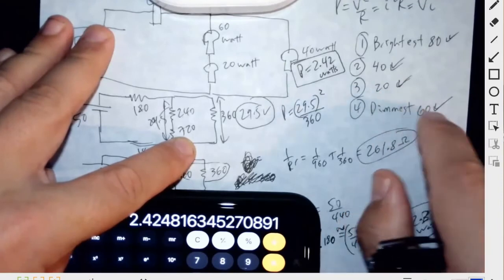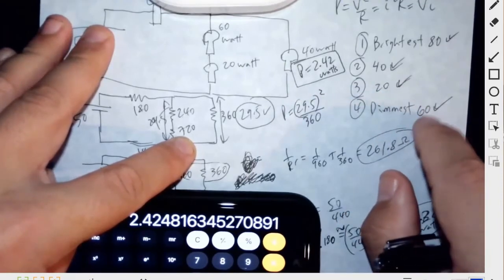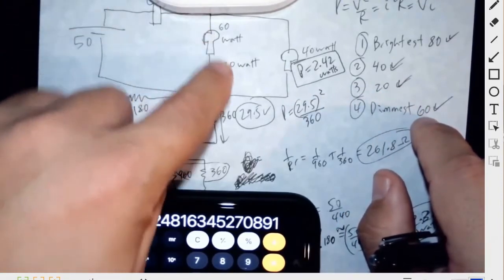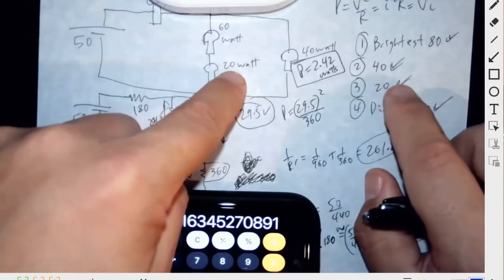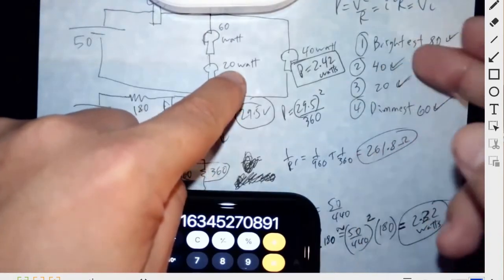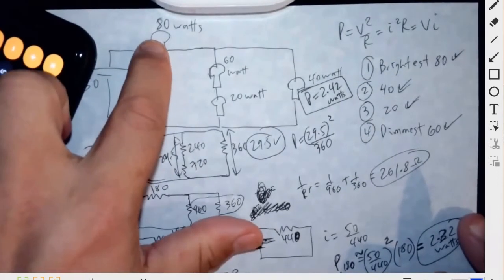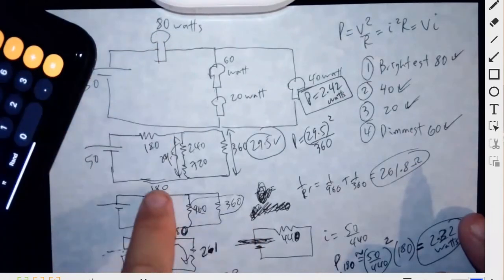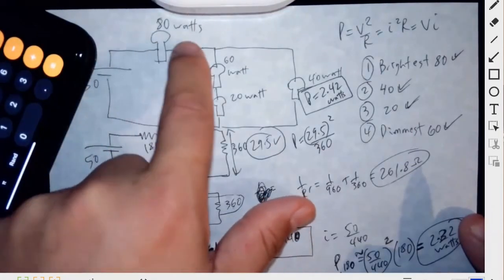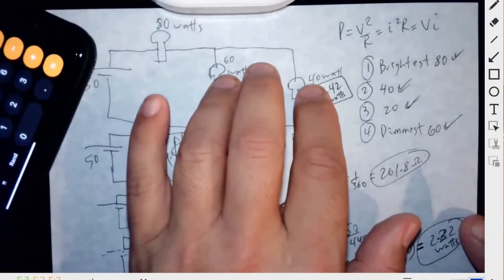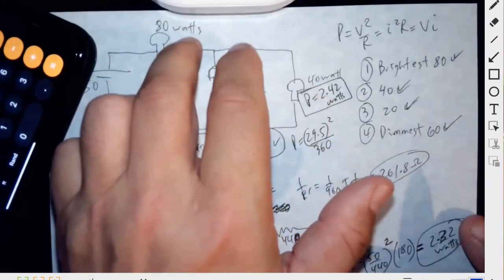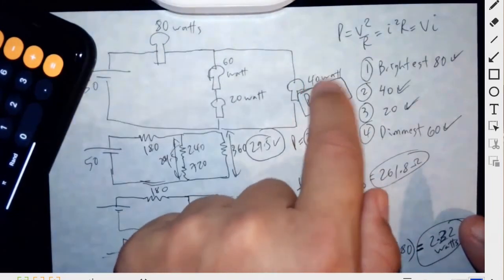Matthew, you're correct. 60, you're correct. So between series, the lower wattage always wins, but these two are switched. That one was a close one, very close. The fact that this is 80, it has low resistance. The problem is when it's in series with a couple other light bulbs, it might lose, and it lost to the 40.